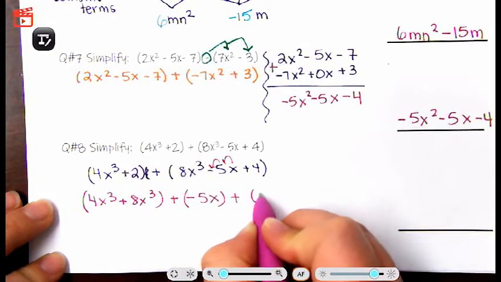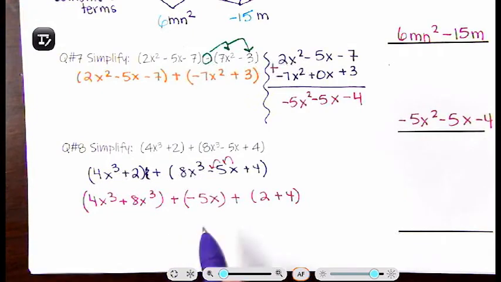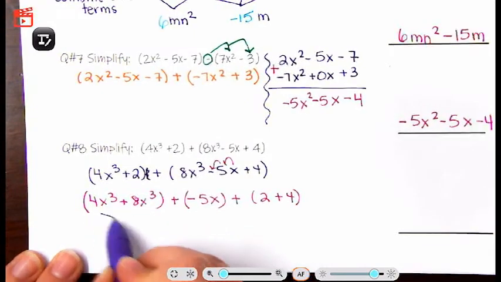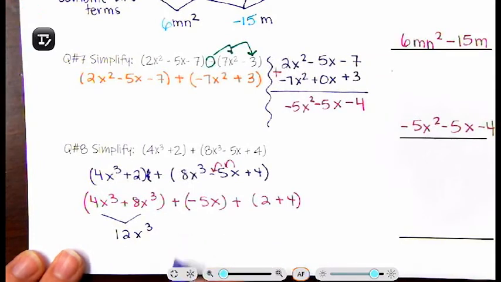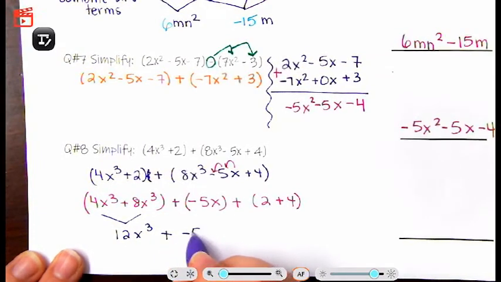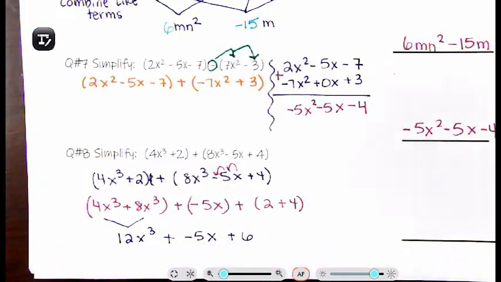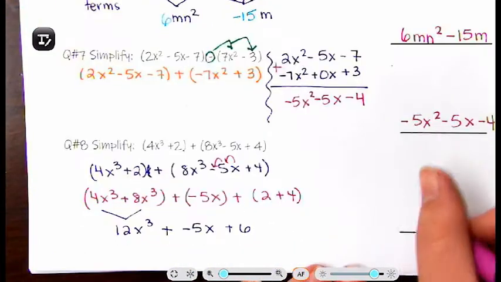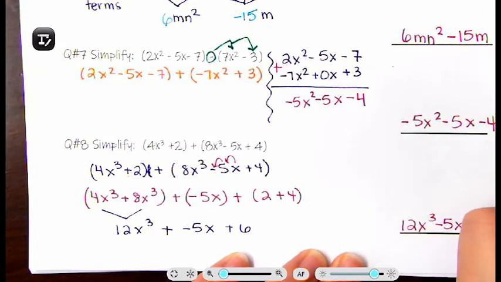And I have 2 plus 4. Simplifying that together, I have 8, 9, 10, 11, 12. Then I have a negative 5x. Then I have 4, 5, 6. So my simplification of this addition is 12x cubed minus 5x plus 6.